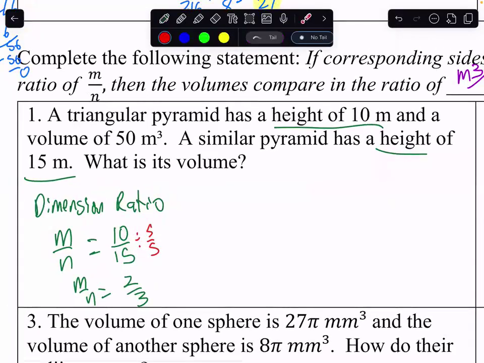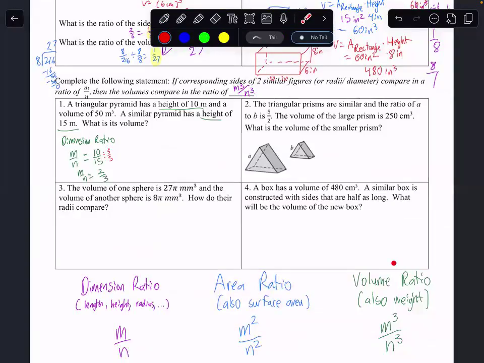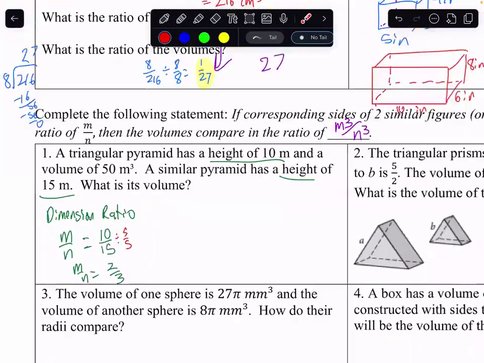Okay, but now this question is asking us for the volume. So the dimension ratio is not going to be what we use. We need to find the volume ratio. Okay, so we're going to convert the dimension ratio to a volume ratio.